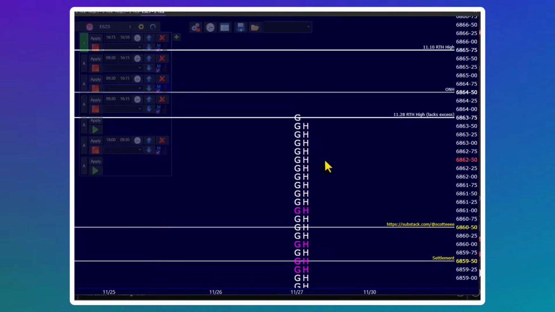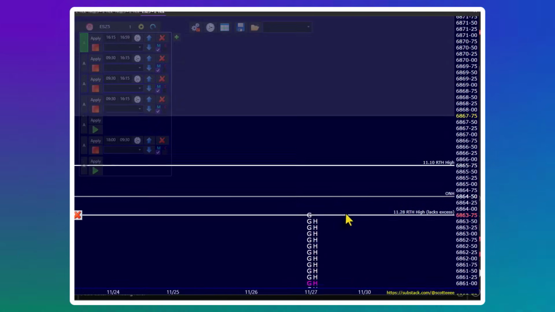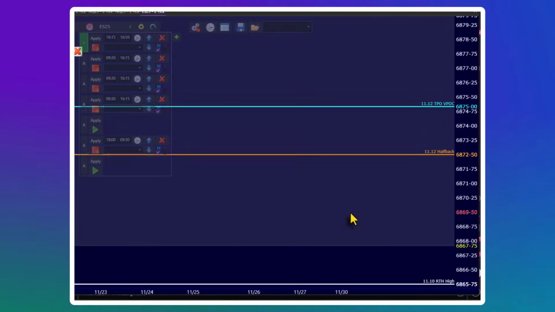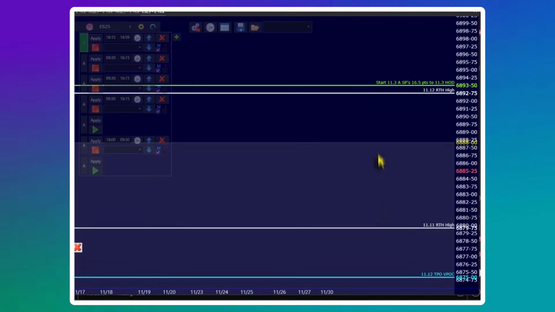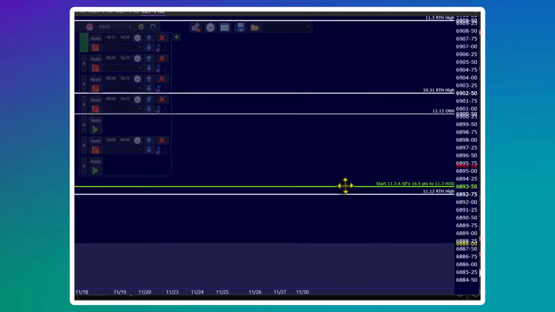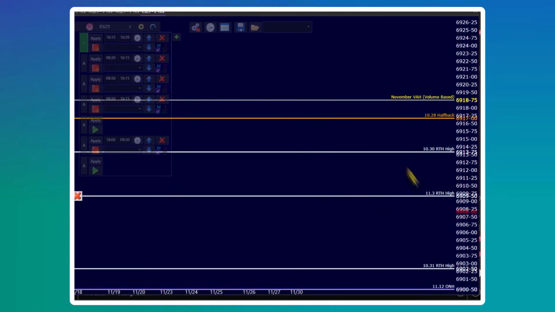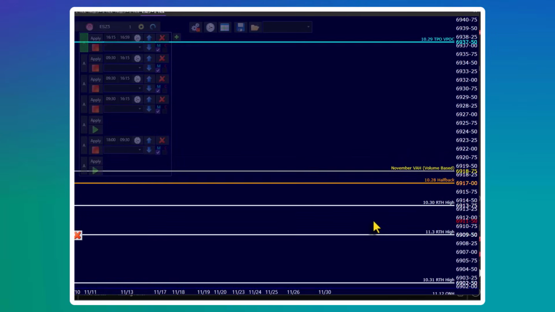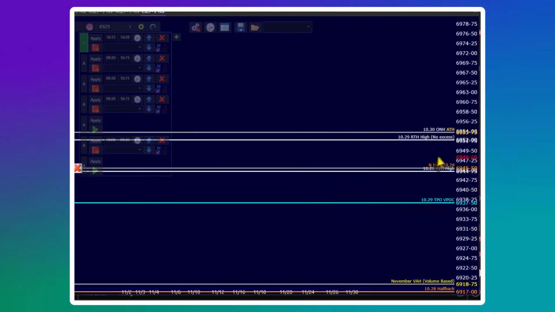If we stay above those levels, 6807 on the ES, 25,388 on the Qs, then I think we have high odds of fixing this poor high from the 28th, the shortened session, on ES at 6863.75. And I also think that we have some room to travel into the 6,900 area on ES and start tackling some of the structure that was left behind, specifically all the way up at the all-time highs.